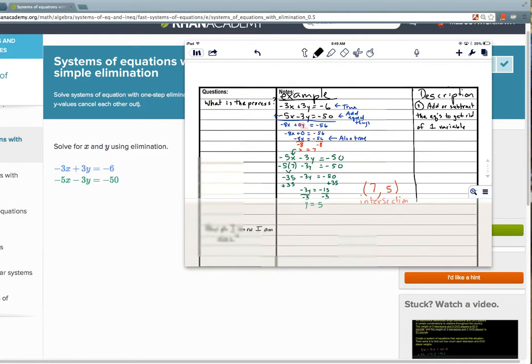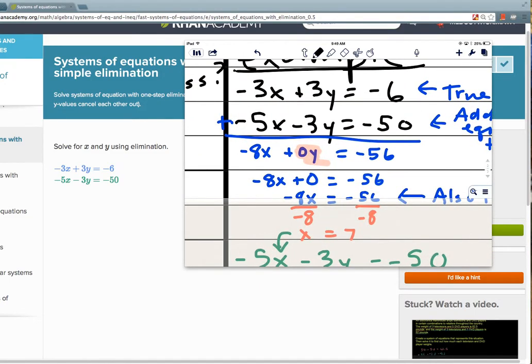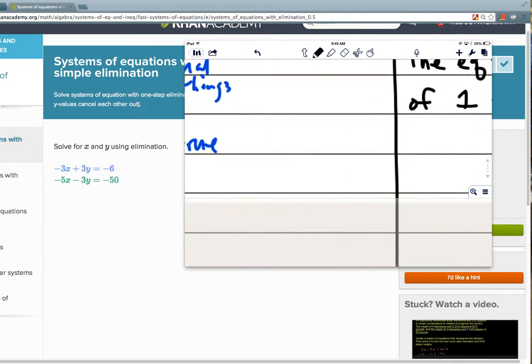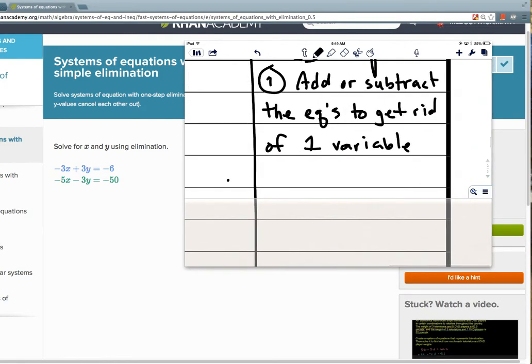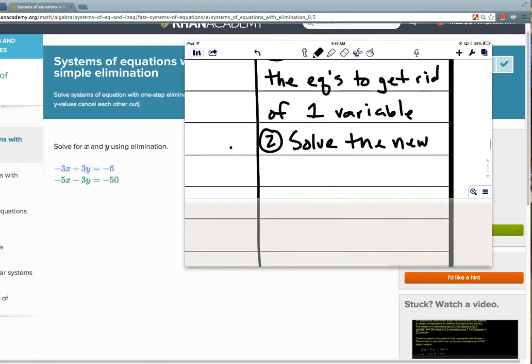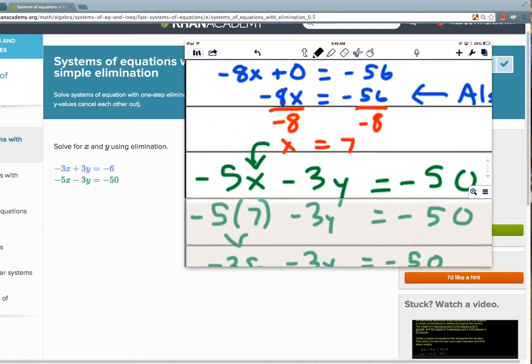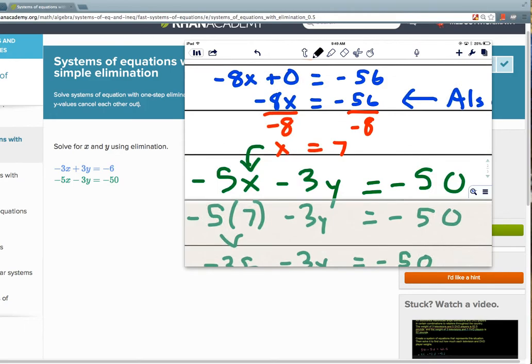If you look back to our work here, we added the two equations and it got rid of y because plus 3 and minus 3 became 0. The next thing I do, and this is the step that's in red, is solve the new equation. I had negative 8x equals negative 56, so I just divided to solve and find x.